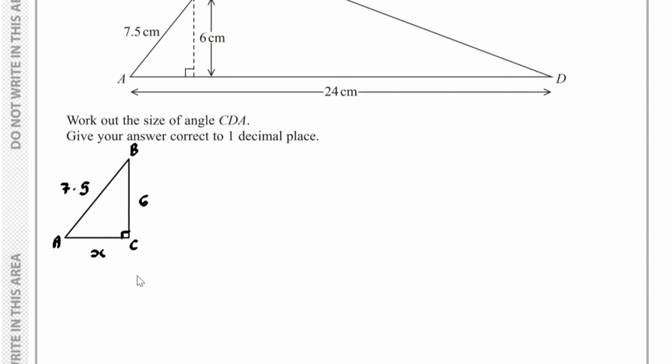So if we were to use Pythagoras, then x squared plus 6 squared is 7.5 squared.